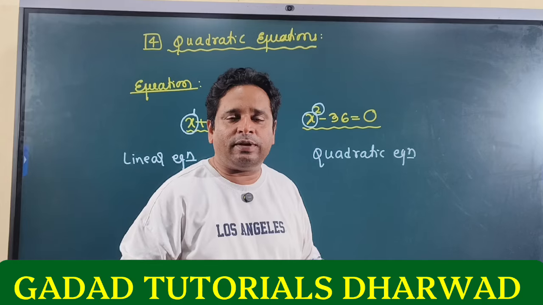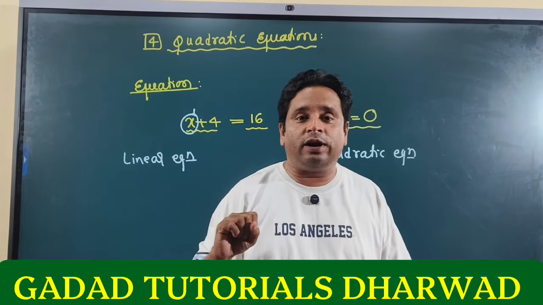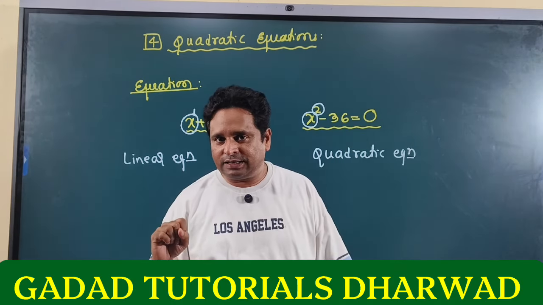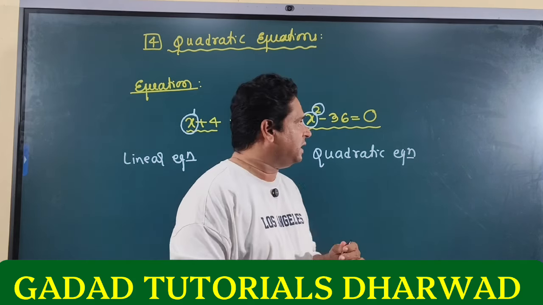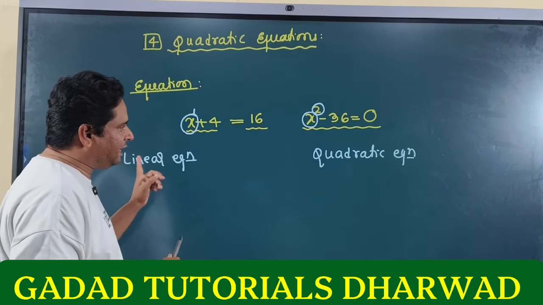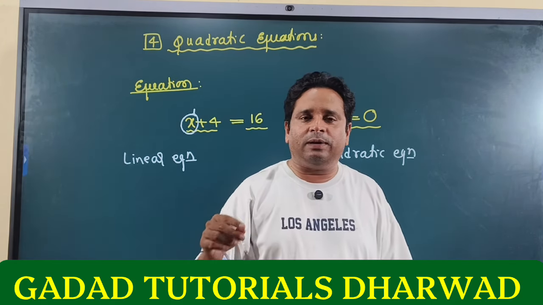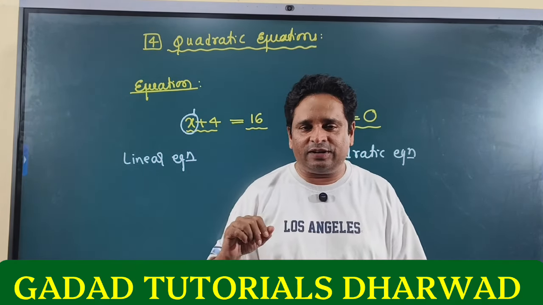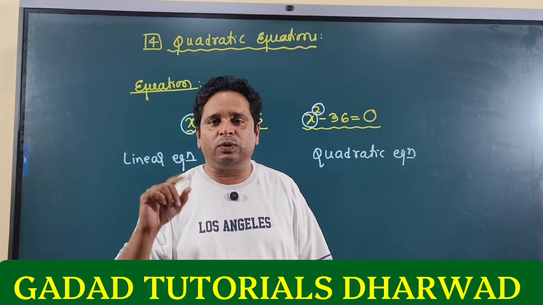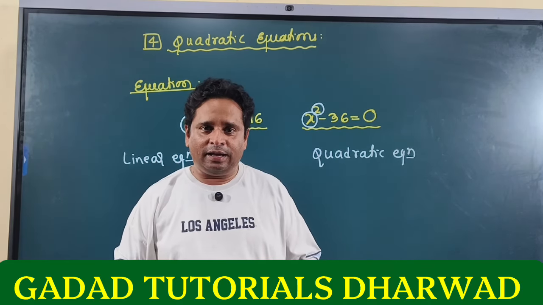And if the highest power of the variable is 2, it is called a quadratic equation. Understand, children, what is an equation? There are two types of equations here: one is linear equation and another is quadratic equation.